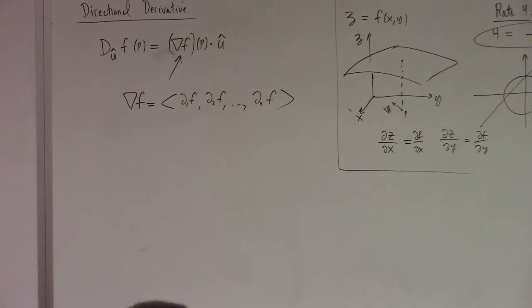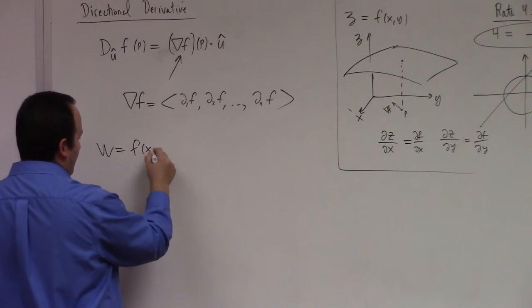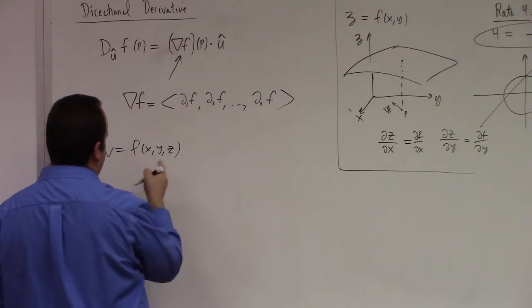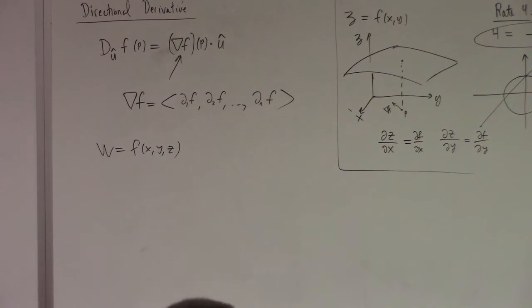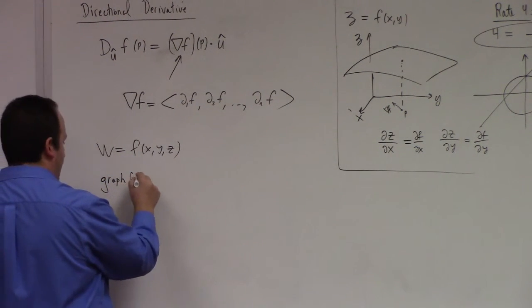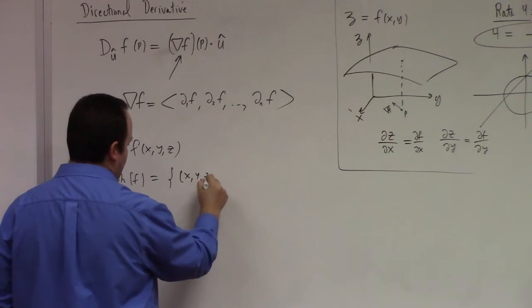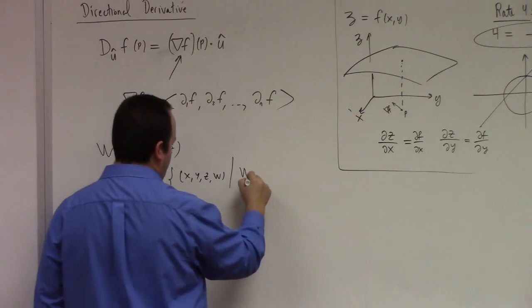Of course, the direct visualization of what's going on starts to be harder. I can't talk about graphs anymore because I'm talking about a function of more than 2 variables, right? If I was to try to look at w equals f of x, y, z, what would that be? The collection of all such 4-tuples. You could look at the graph of f, which would be x, y, z, and w, such that w is equal to f of x, y, z.